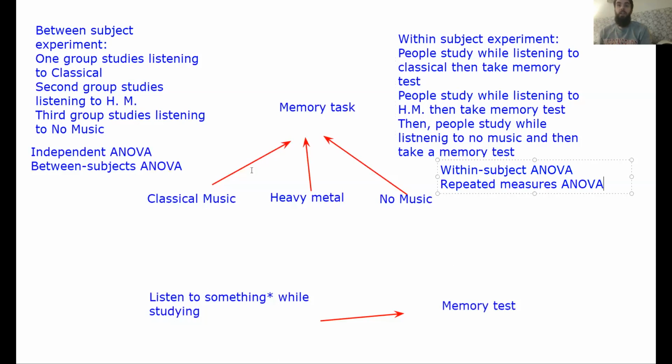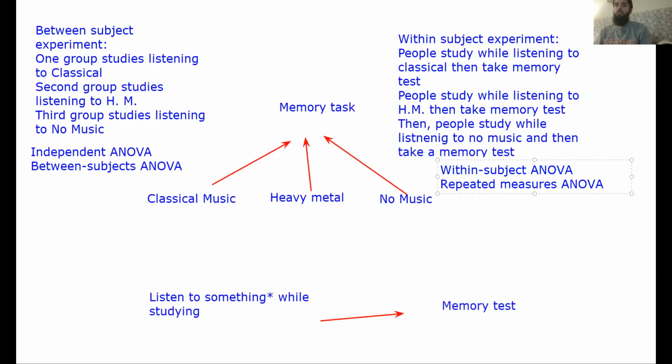A one-way ANOVA can be between subject, and a one-way ANOVA can be repeated, can be within subject, depending on the design of the experiment. Right? I hope that was clear. That corresponds to the two different flavors of ANOVA.